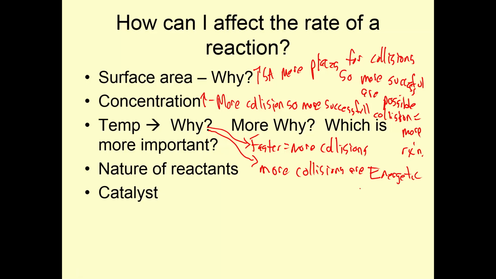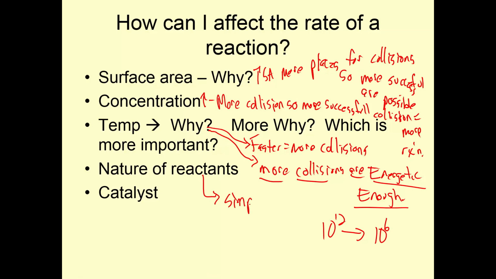That's energetic enough. So what that means is that when they collide, there'll be even more. Remember I said many of them are 1 in 10 to the 12th? That 10 to the 12th might drop to 10 to the 6th. That's a million times better. Woo!